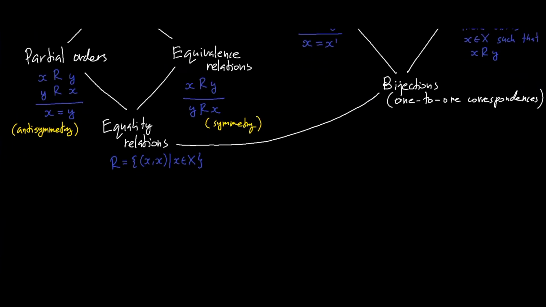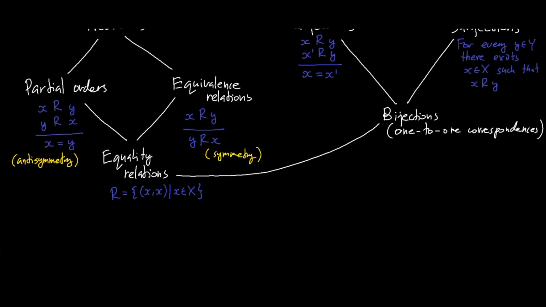Moreover, we can prove a simple result that I think one can prove that if you have a bijection that's an equivalence relation, then it must be the equality relation.